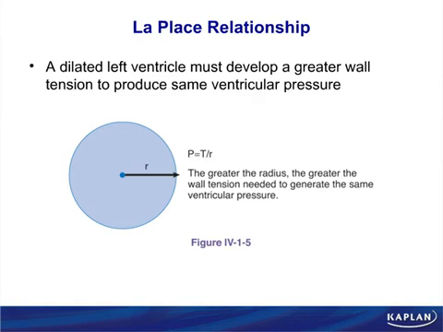So there's a big-time wall stress, and that's the thing to look for on Step 1. If you get a dilated heart, you have a lot of wall tension or wall stress. And this relates to the law of Laplace. We will see the law of Laplace again when we talk about cardiovascular.